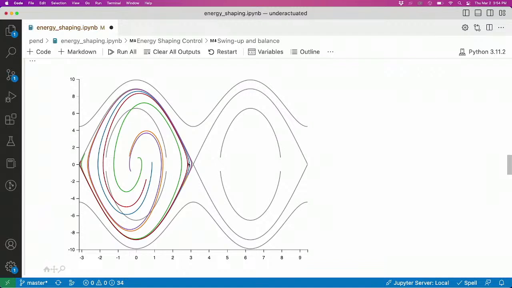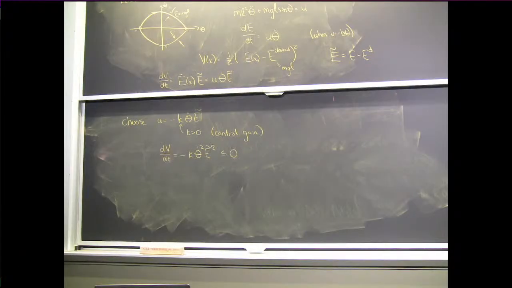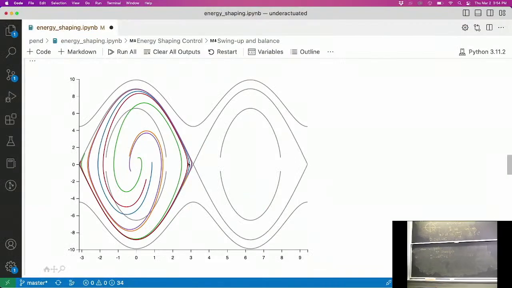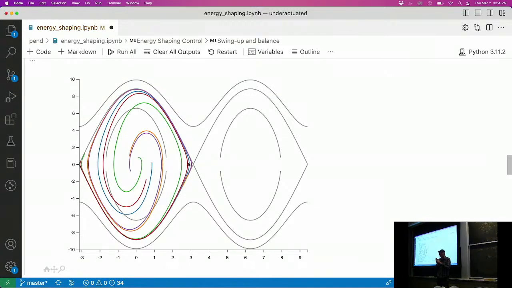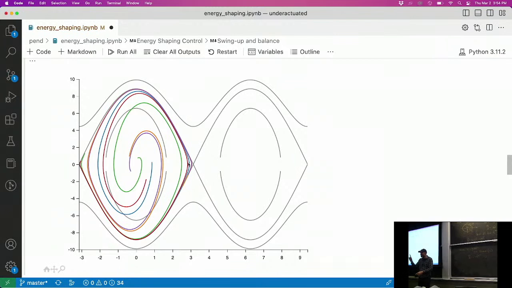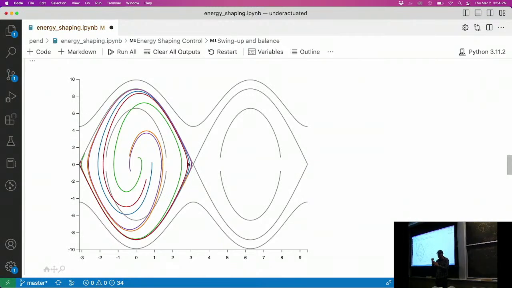That argument says that E will go to E desired. But if you look carefully, there's one thing it doesn't do. It doesn't actually stop when it gets to the top. It just says I'm going to be on the manifold. If I'm even arbitrarily off the manifold, I'll just go around and do it again. So actually, this isn't a complete controller.